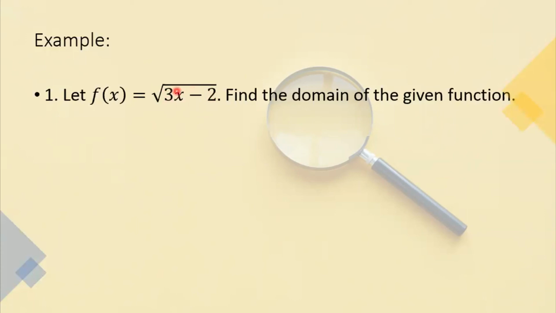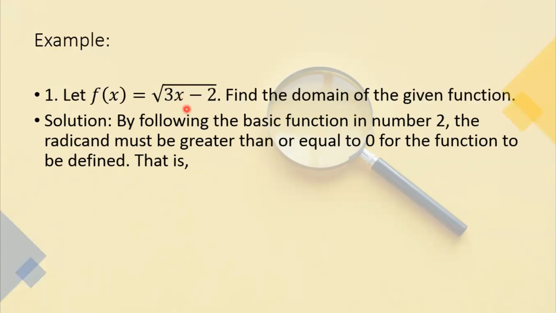So instead of x, we are now using the radicand. The whole radicand, which is 3x minus 2, should be greater than or equal to 0. By following the basic function, the radicand must be greater than or equal to 0 for the function to be defined. So this is how we solve the domain.